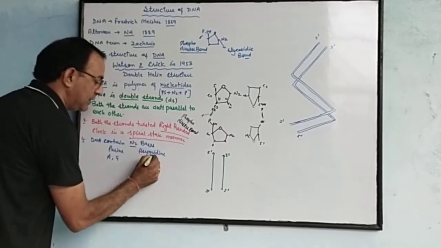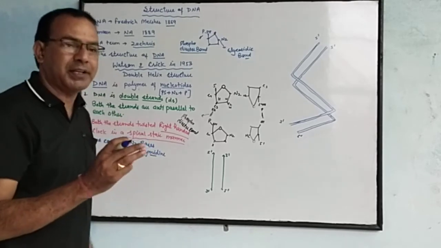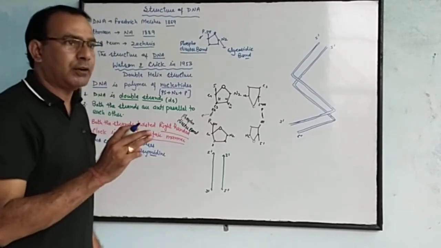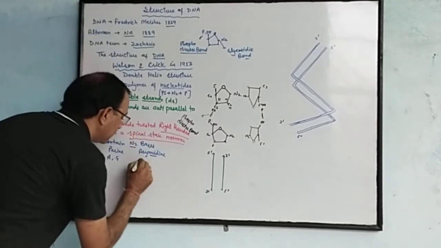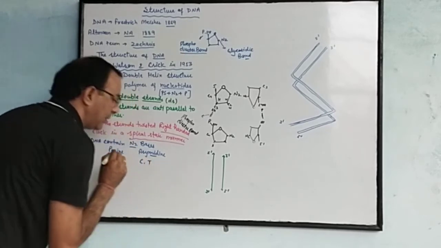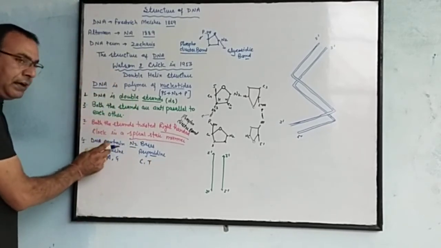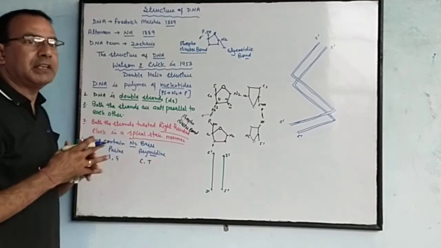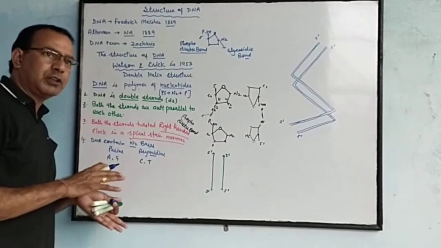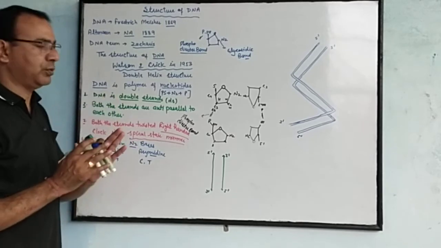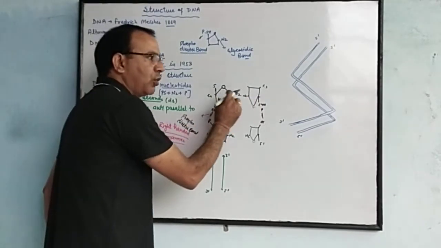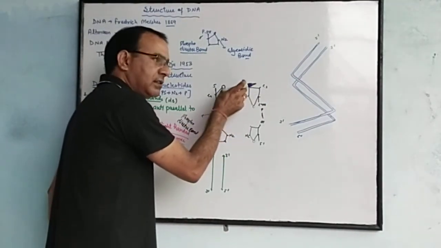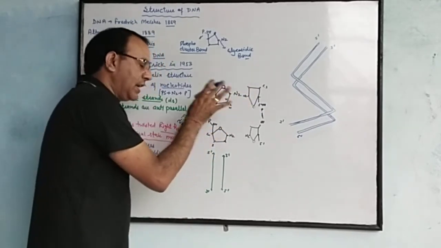And pyrimidine, as we know, is of 3 types, but in DNA only cytosine and thymine are used. In DNA, purine and pyrimidine are attached with each other by double hydrogen bond and triple hydrogen bond, so that the diameter is not affected. The diameter of the DNA remains the same.